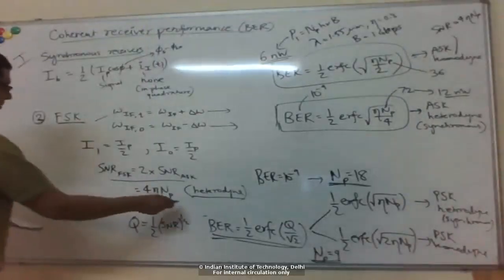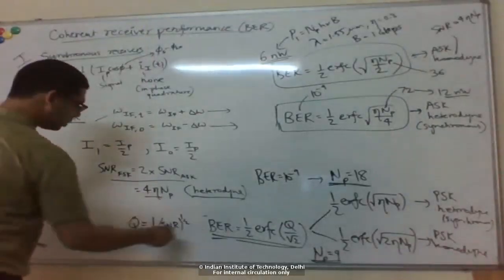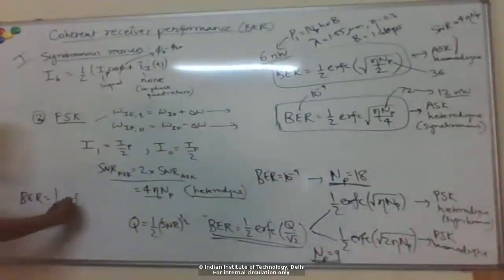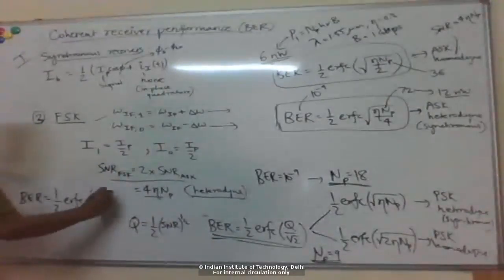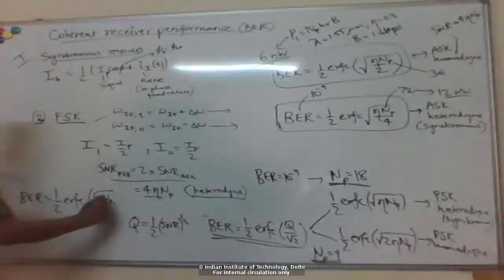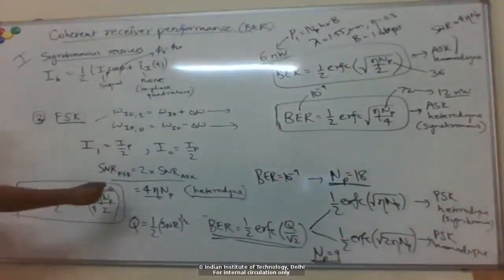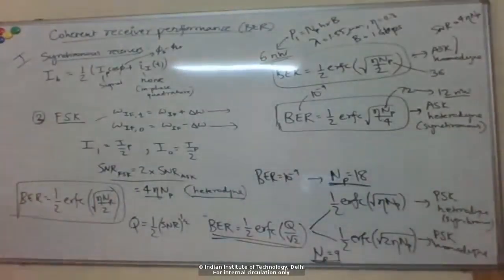Okay, so anyway, we put this expression for the SNR into the Q and the BER here. So then BER will come out to be, okay. So this is for FSK heterodyne, or FSK by definition heterodyne.